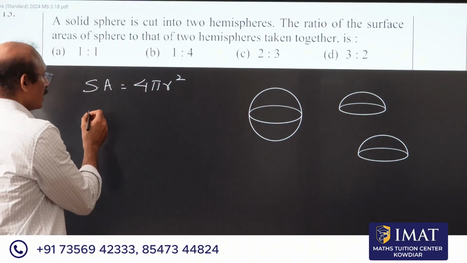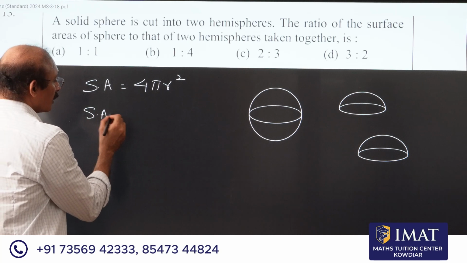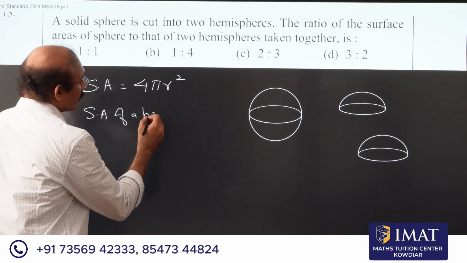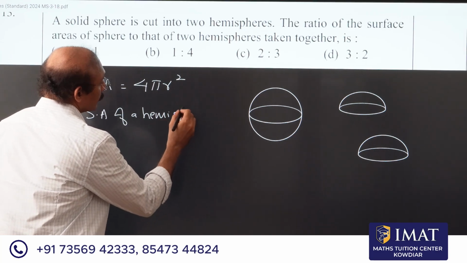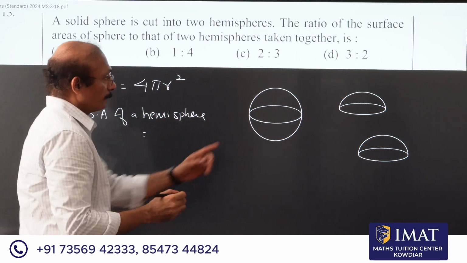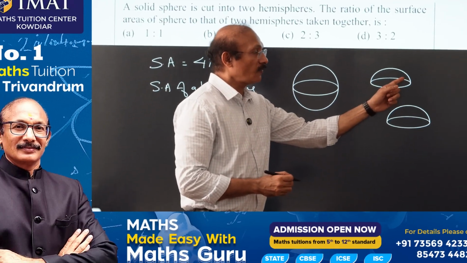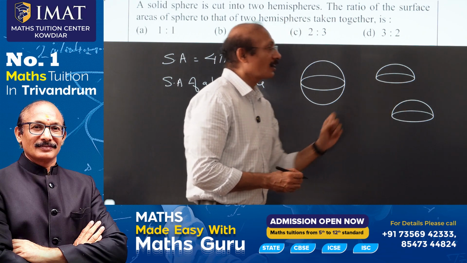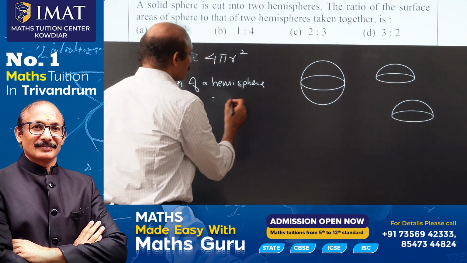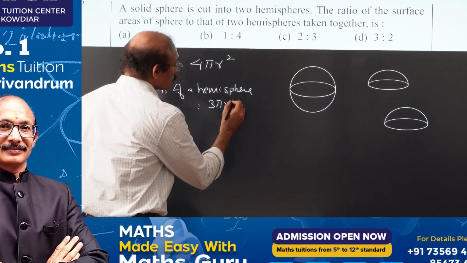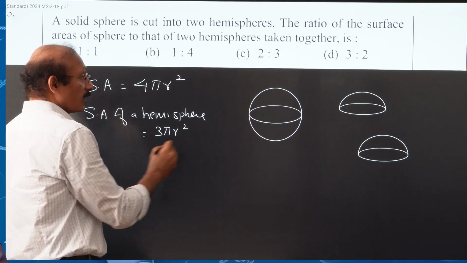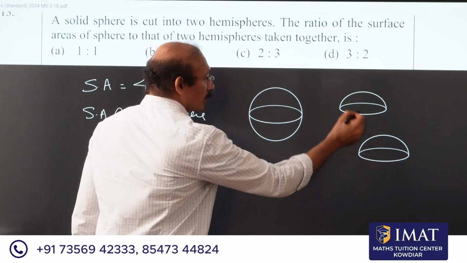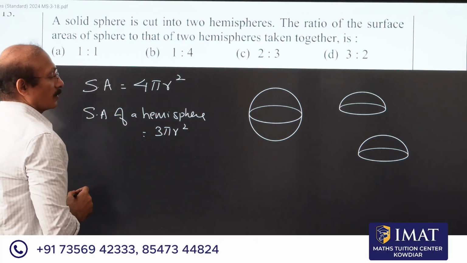The surface area of a hemisphere will be this curved surface which is half of 4 pi r square, 2 pi r square, plus the base which is a circle which is also pi r square. So it is 3 pi r square. This is surface area of a hemisphere. So there are 2 hemispheres, so it becomes 6 pi r square.